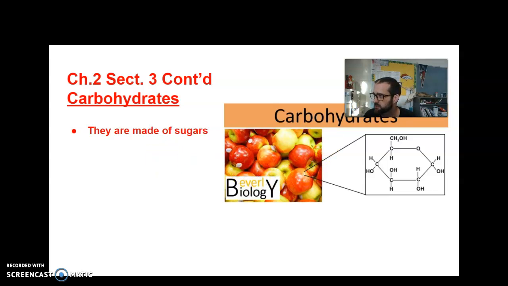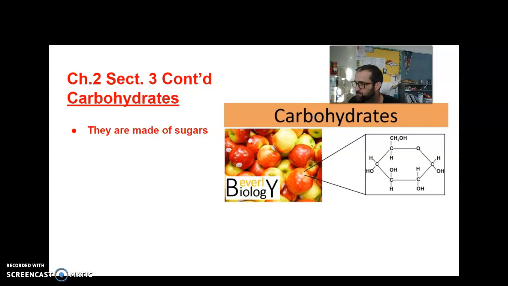So if you look at this little picture right here, this is coming out of an apple. Boy, this is quite a thing going on here, isn't it? All I care about is that you see, look at our big 6. There's oxygens, there's hydrogens, there's carbons. These little lines here represent chemical bonds, and you can see they're at different angles, and that is on purpose.